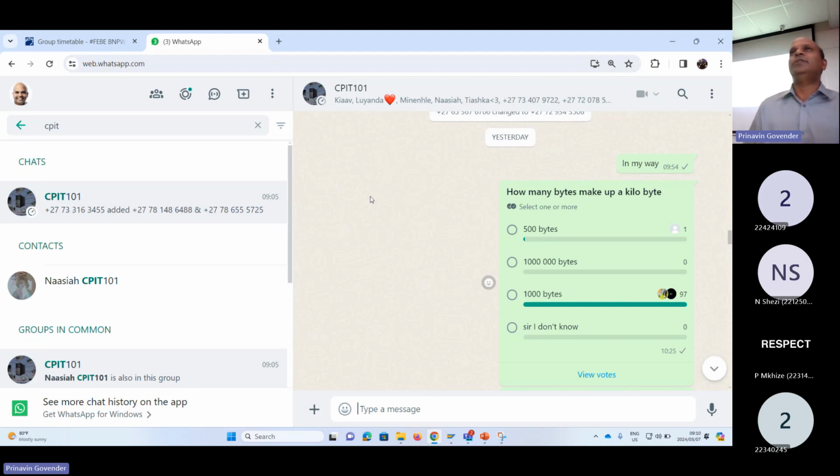Now, I'd be failing in my duty if I don't mention to you that some purists, as computer scientists, consider 1,024 bytes as a kilobyte. All right? Because 2 to the power 1 is 2, 2 to the power 2 is 4, 2 to the power 3 is 8.